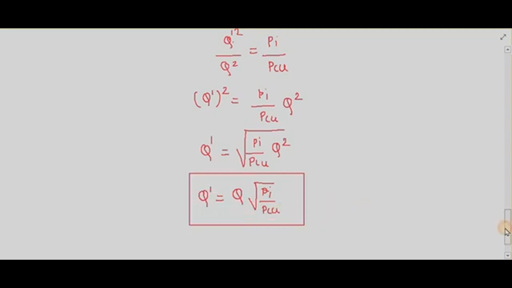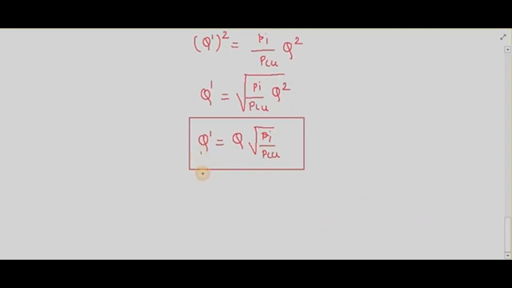Thus for a transformer, this is kVA corresponding to maximum efficiency. This one is your full load kVA. This one is your iron loss.